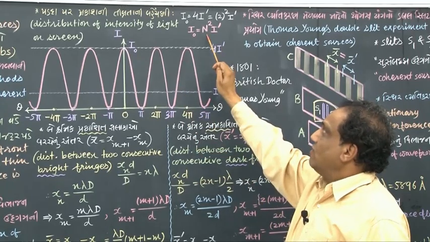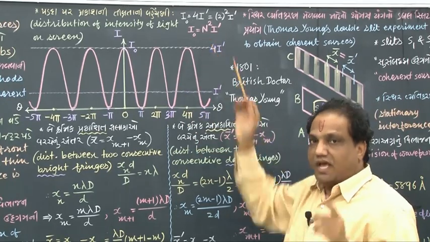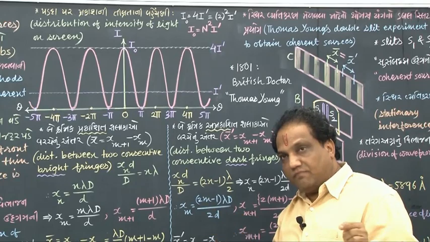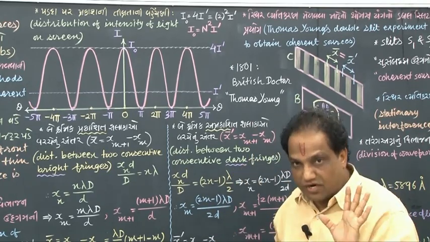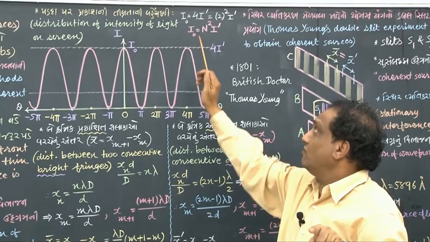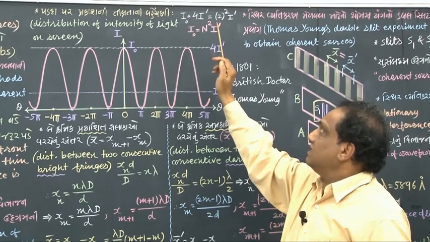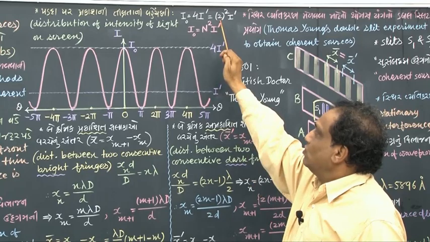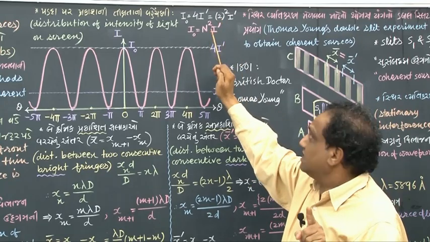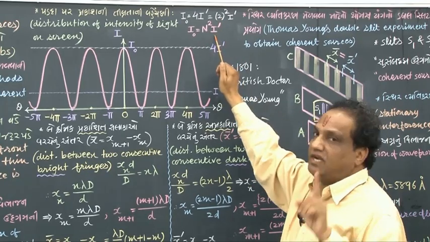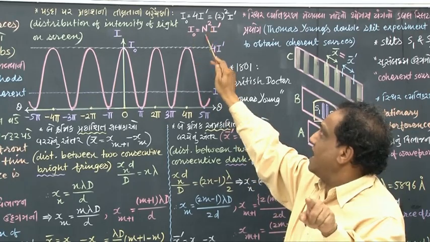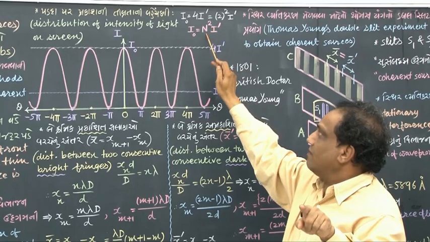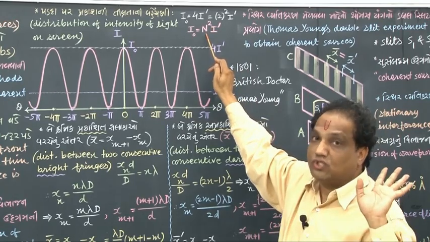Now, likewise, you may have n number of coherent sources. And if the waves emitted from them have the same intensity and are incident on a particular point, then at that point, what would be maximum intensity of light? It is given by this formula. Instead of 2, you just write number of coherent sources, that is N, each having same intensity I dash. So, maximum intensity in that case would be N square I dash, where capital N is total number of coherent sources.